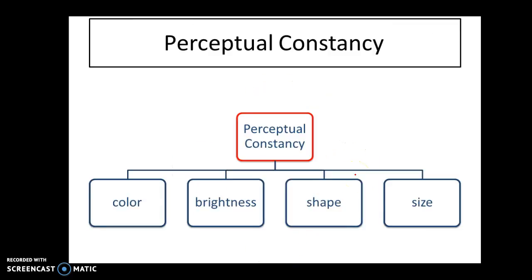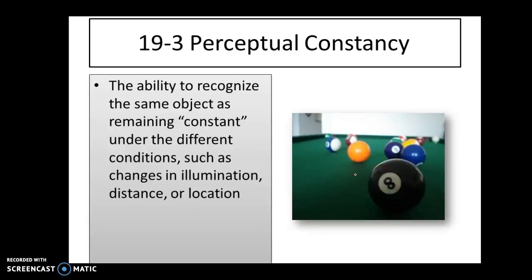All right, so perceptual constancy, what actually is this? There are certain types of constancies we have: color, brightness or lightness, shape, and size. These are all types of perceptual constancies. Well, what does that all mean? Look at this picture. If you're familiar with billiards or playing pool, you obviously know that all of these pool balls are the same size and the same shape.